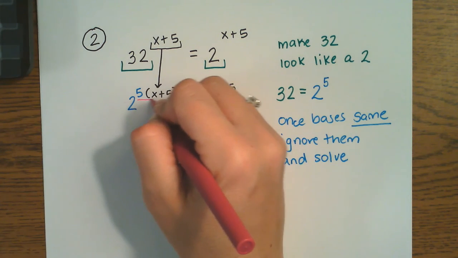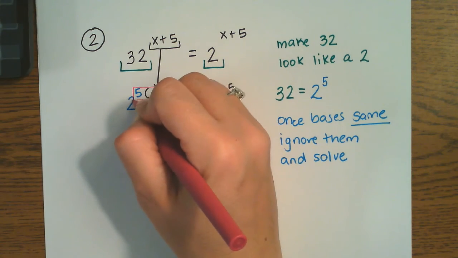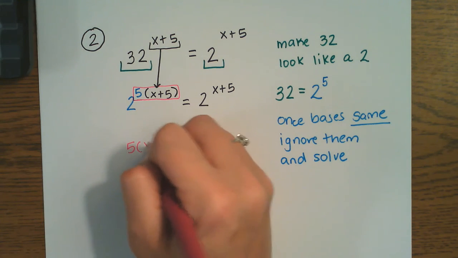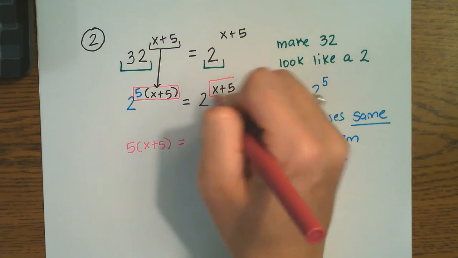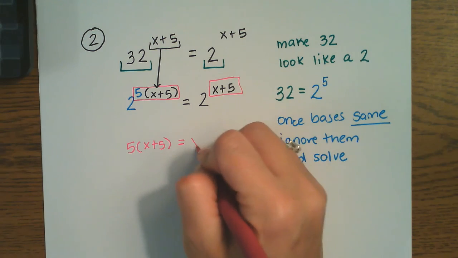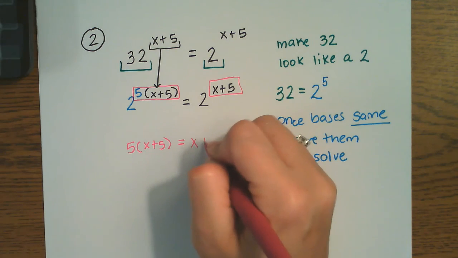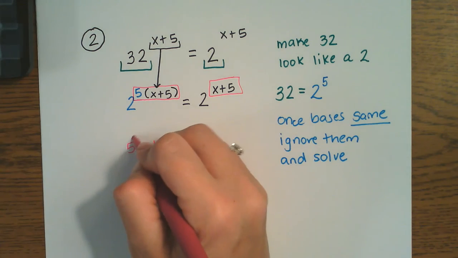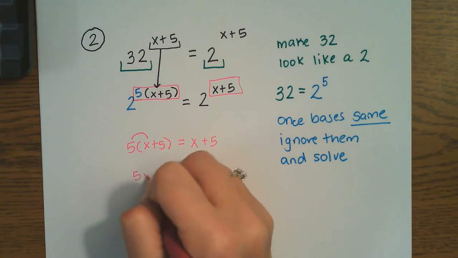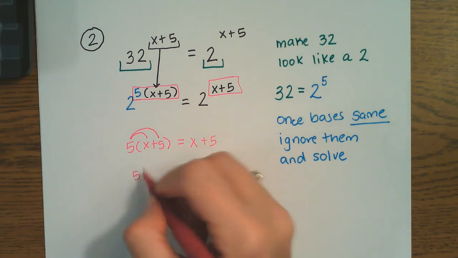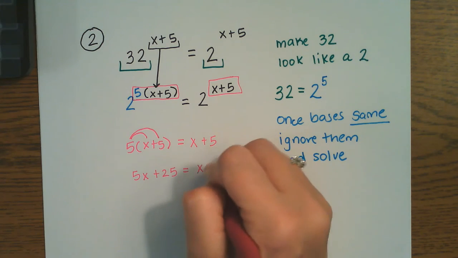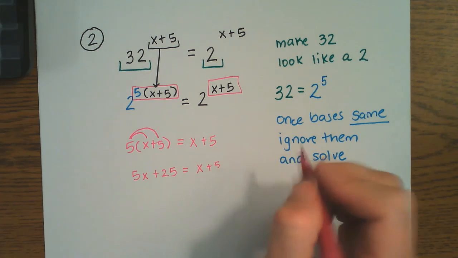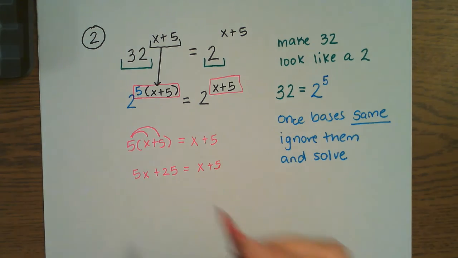So I'm going to grab 5x plus 5 equals, distribute. All right, I'm going to finish this with you guys.